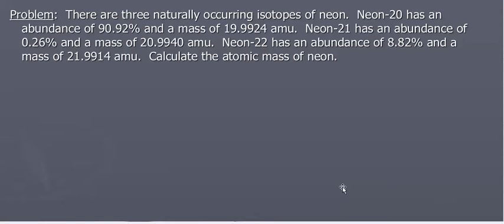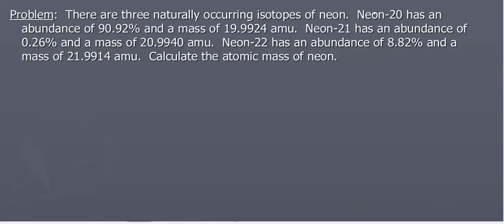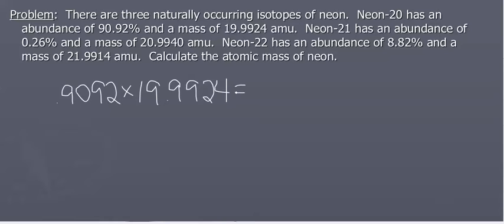Now, if I know the abundances of each isotope and I know the masses of each isotope, I can calculate the atomic mass of neon, because neon is a mixture of isotopes. So I want to determine the atomic mass, which is a weighted average of the naturally occurring isotopes. I have all the data that I need. There are 3 isotopes. What I'm going to do is take the abundance. I'm going to start off with neon 20, so I have an abundance of 0.9092, multiplied by its mass. All of these numbers are determined from the mass spectrometer.